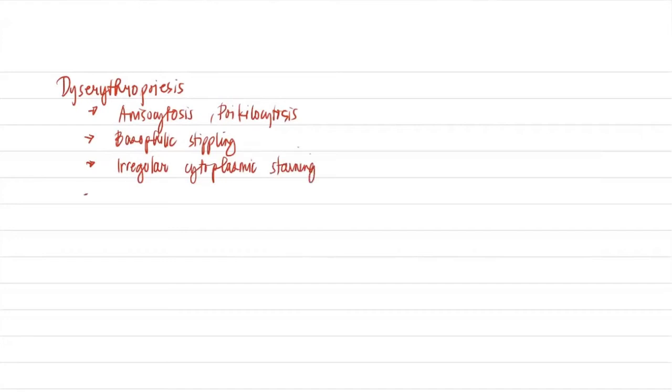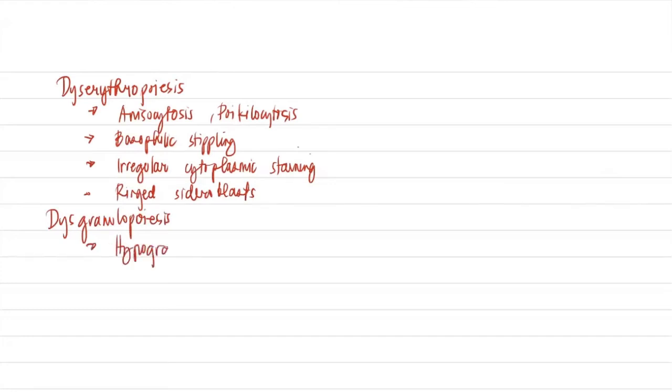Okay? Presence of ring sideroblasts, which is used as one of the basis for the classification, the ring sideroblasts. Okay? Now, also magkakaroon din ng dysplastic effects with our granulocytes. So tawag naman natin doon dysgranulopoiesis. Okay? So that would include hypogranulation.